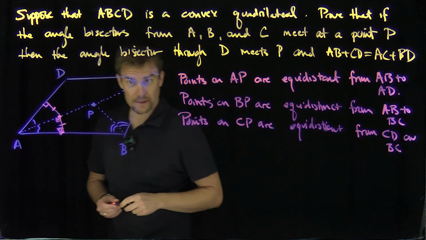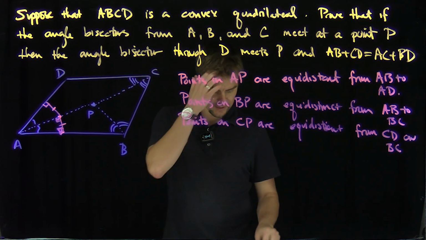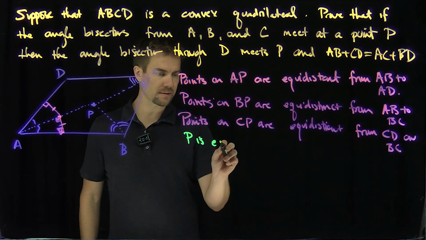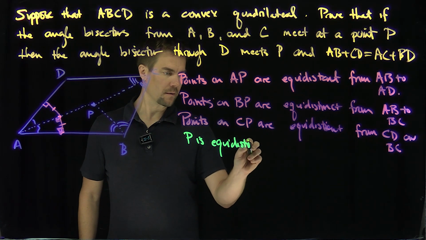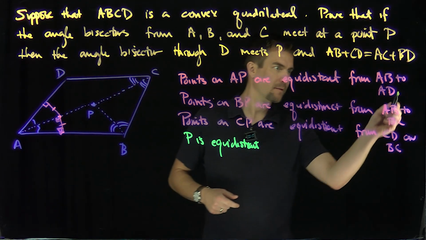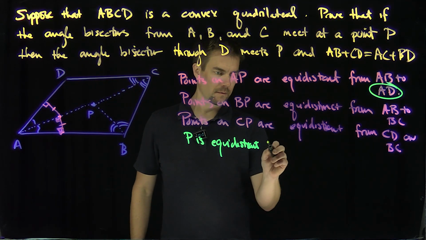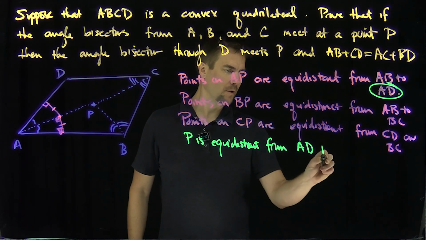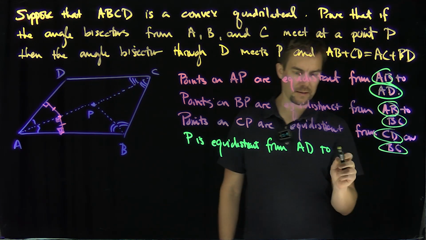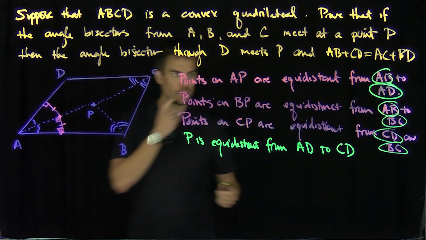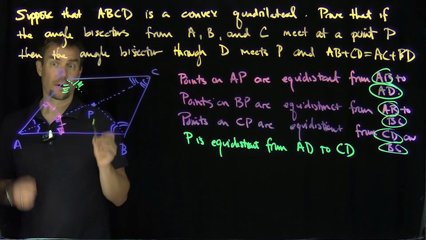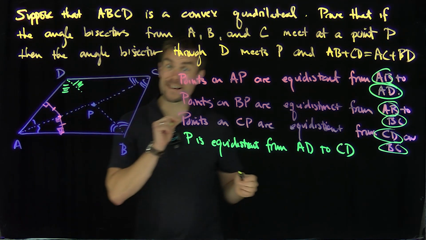Okay. Great. Now what does that tell me in particular? In particular, since P is actually on those line segments, P is equidistant from AD to AB, AB to BC, BC to CD. Huh, that's cool. So that point over there is equidistant, which means what? It has to go through P, which means it's the angle bisector, right?